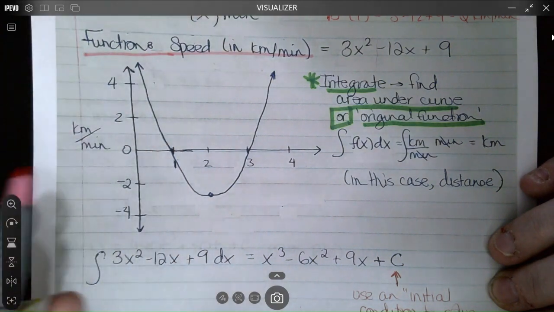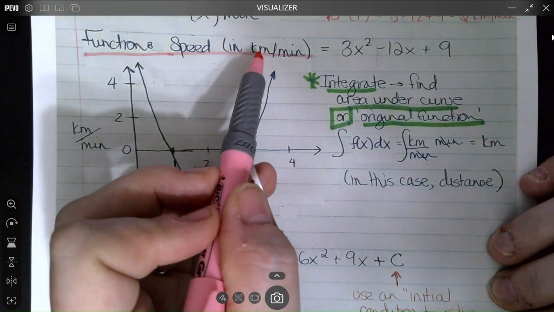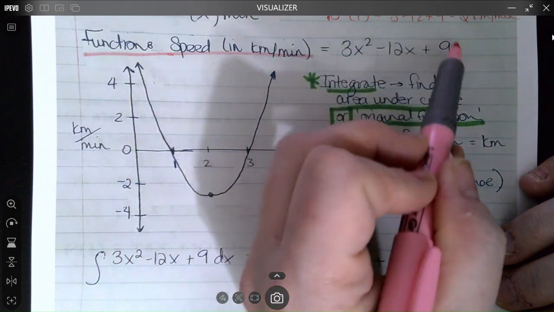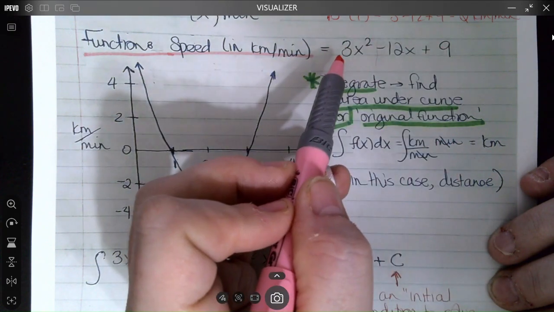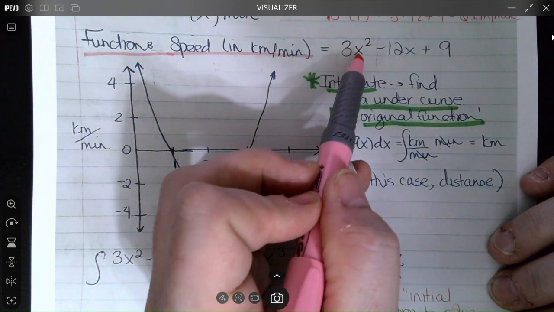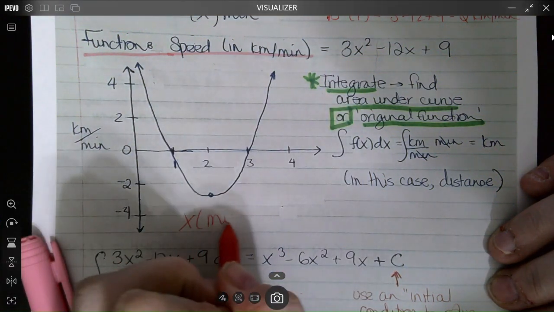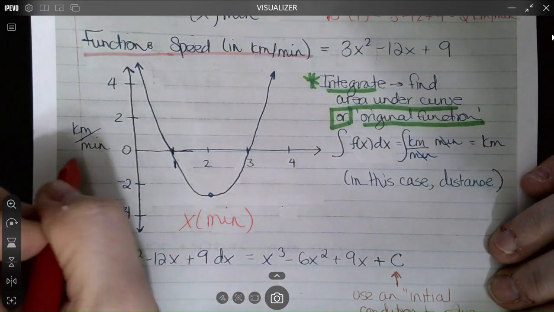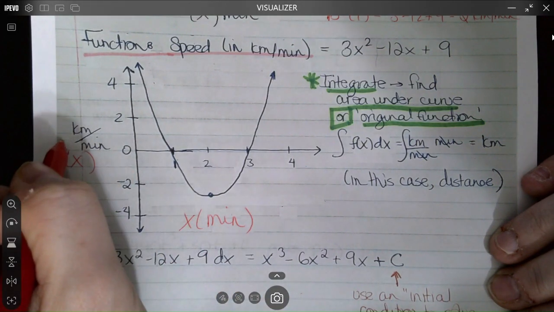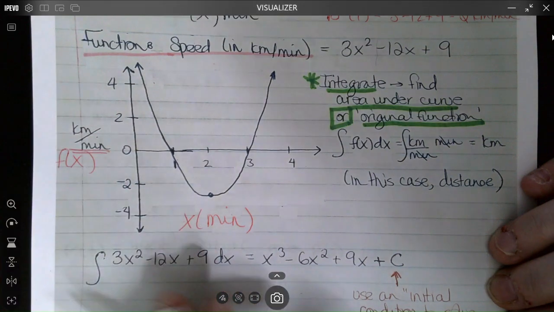So if we start off with a function in speed, kilometers per minute, this is the function that represents kilometers per minute. X is my minutes, Y or F of X is my kilometers per minute.